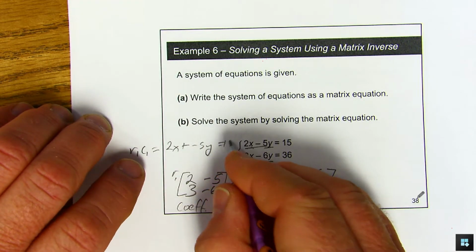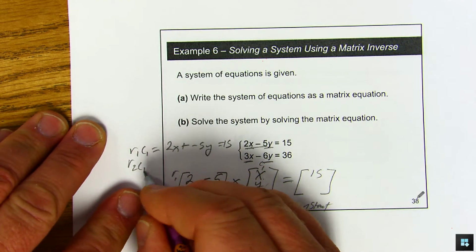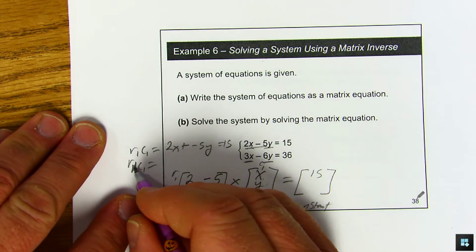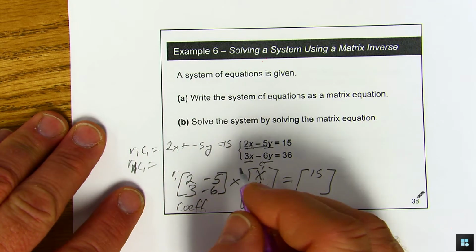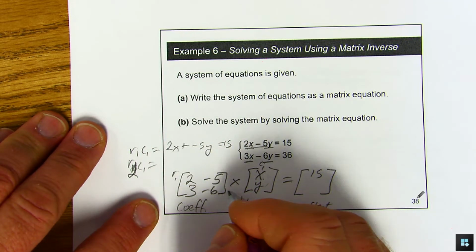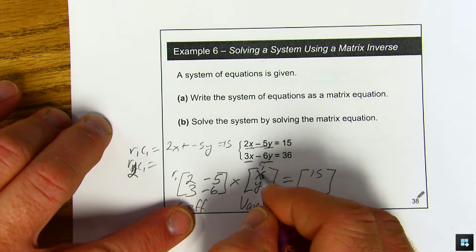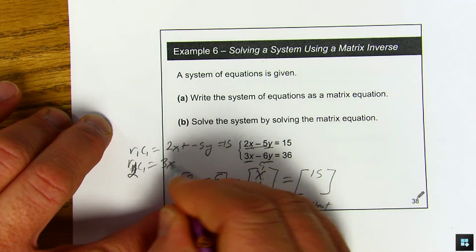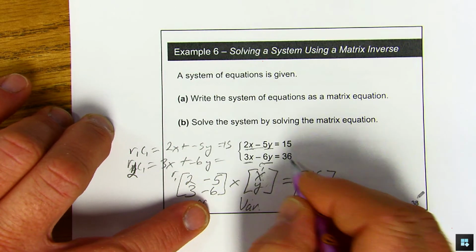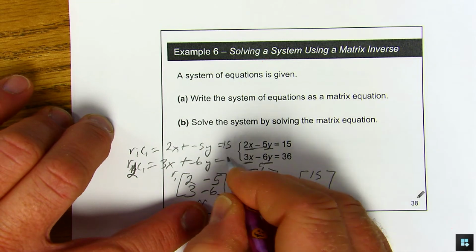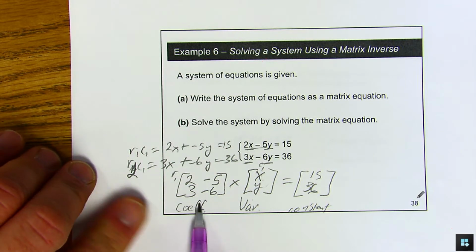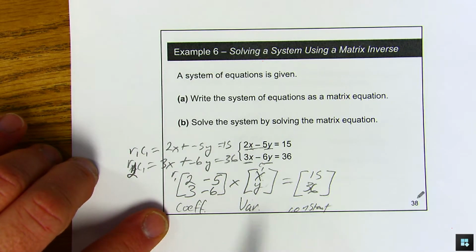To find row 2, if I multiply these together, I would take 3 times x, which is 3x, plus negative 6y, and that would equal 36. So we've now set this up with our coefficient matrix, variable, and our constant.